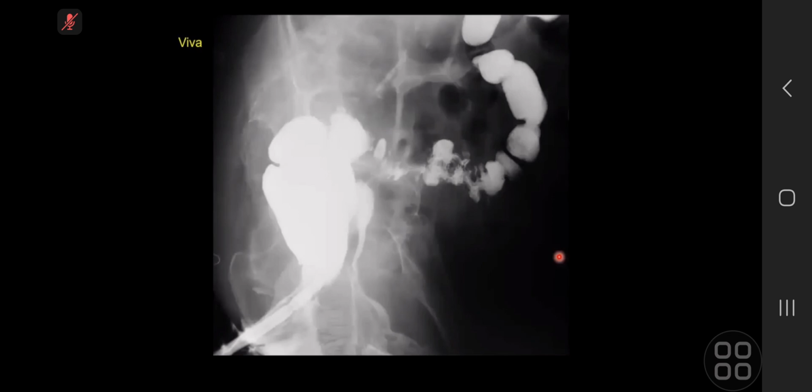I cannot see any leakage of contrast around. I cannot see any polyps or diverticuli in the region.